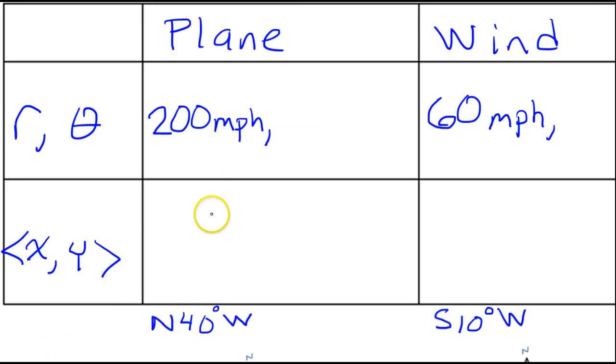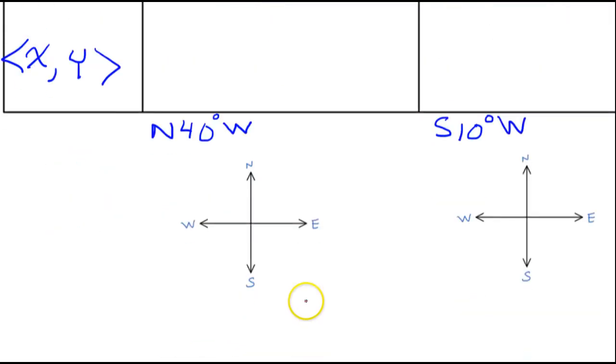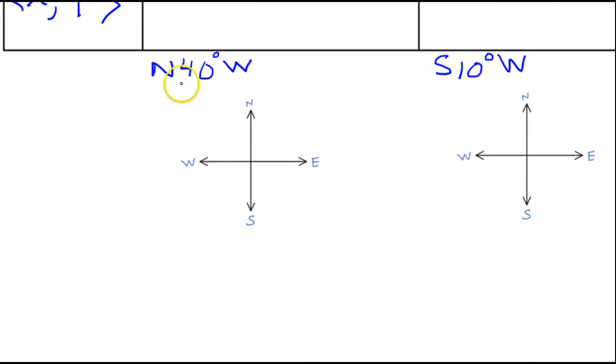So they gave us the direction of the plane as north 40 degrees west. Let's remember what that means. The north means you start at north and then you turn 40 degrees in the direction of west. So I'm going to start at north, I'm going to turn 40 degrees towards the west. So this is 40 degrees right here, so this is the position of the vector.